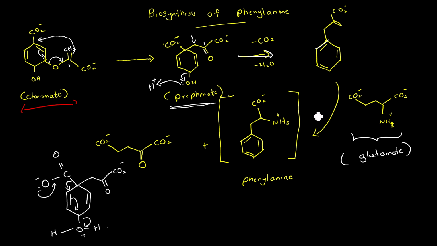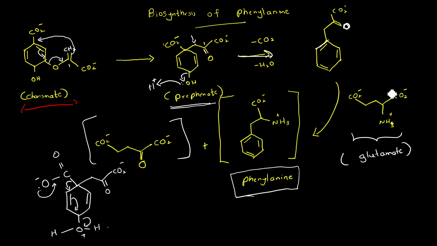This amine will be transferred to this particular place. So here we have our phenylalanine and our other product, basically this glutamate part here. I forgot the oxygen here. Like you can see, there's oxygen here. Right? I'm very sorry, there's oxygen here.